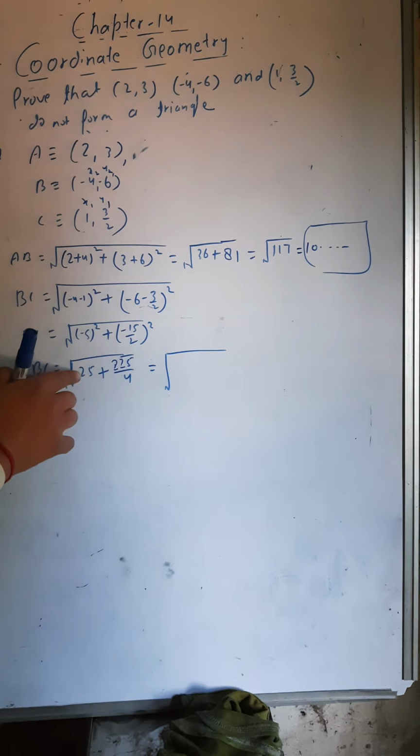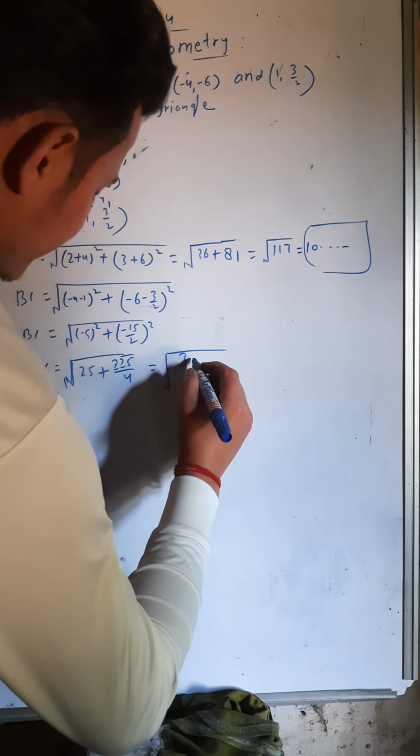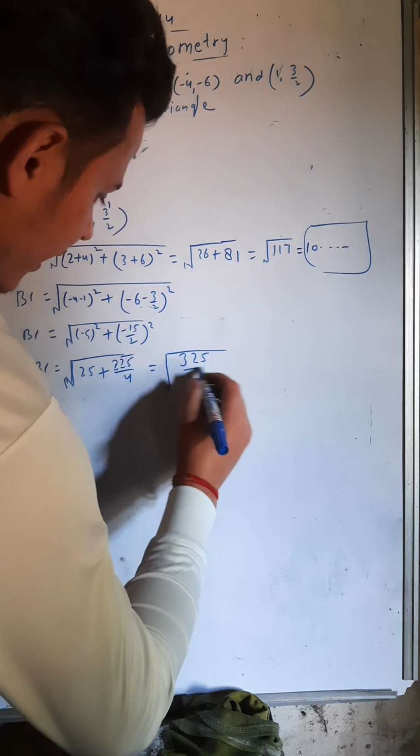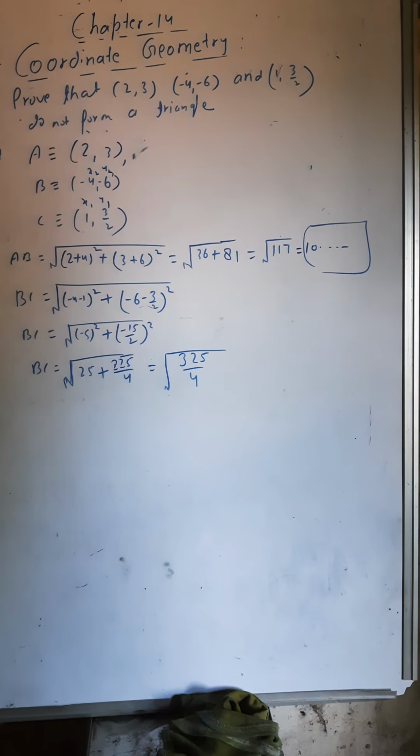So from here again take the LCM. 25 times 4 is 100, and 100 plus 225 will be 325/4.